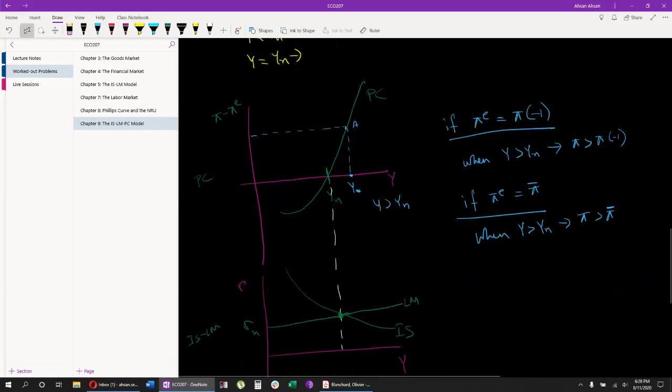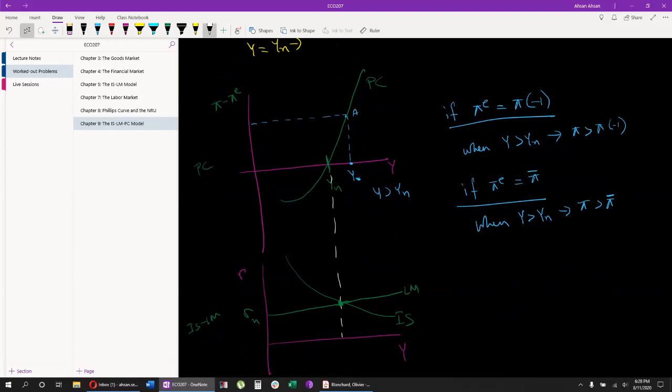That means that if we find ourselves stuck in point A, of course we are not in equilibrium and we want to go back to the equilibrium. So what will the government do in this case? This is Y. We effectively have to reduce Y.